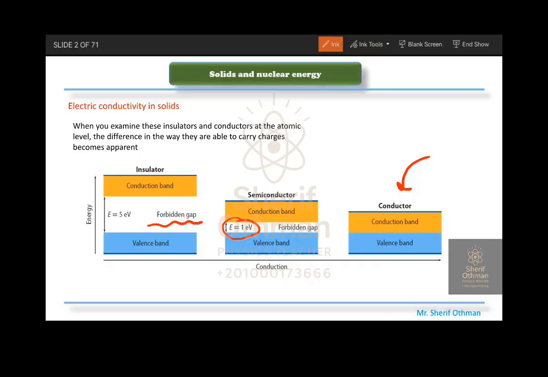In this case, the electrons are able to move from one atom to another atom as long as these electrons exist on the conduction band. And as we said, there is no forbidden gap between valence band and conduction band in conductors, so the electrons move easily between them, so this material will be a good conductor.